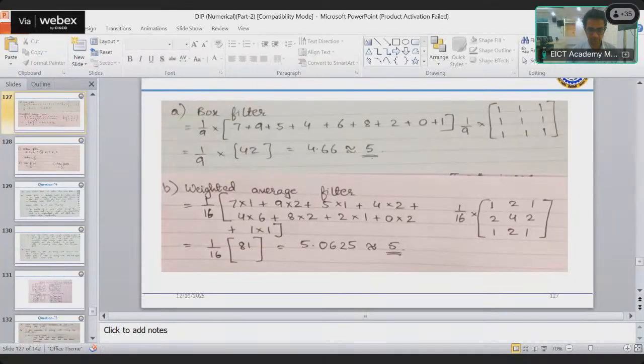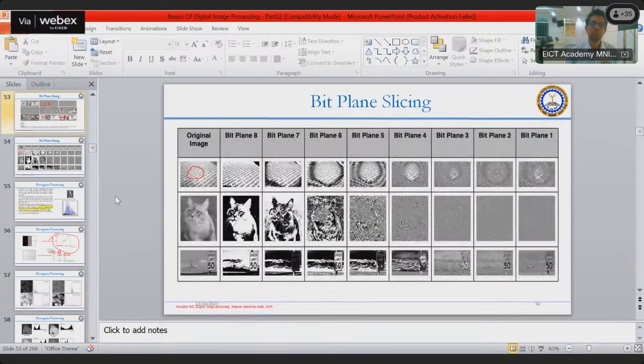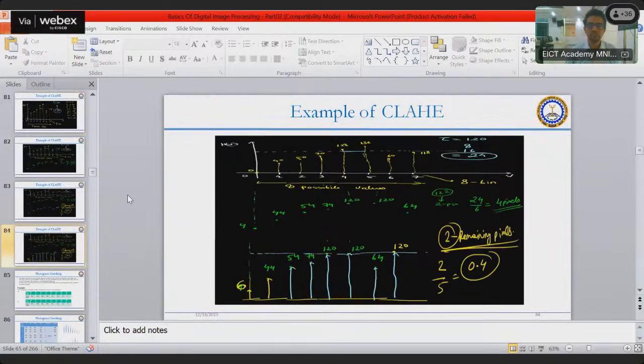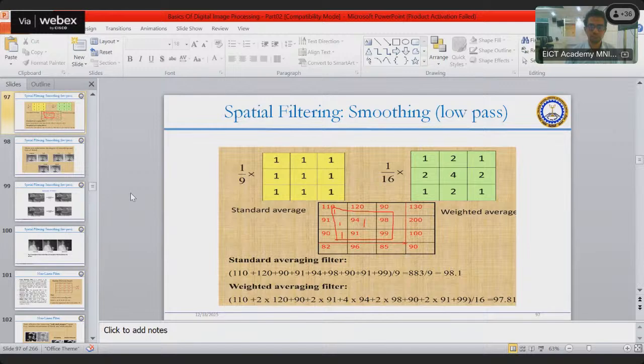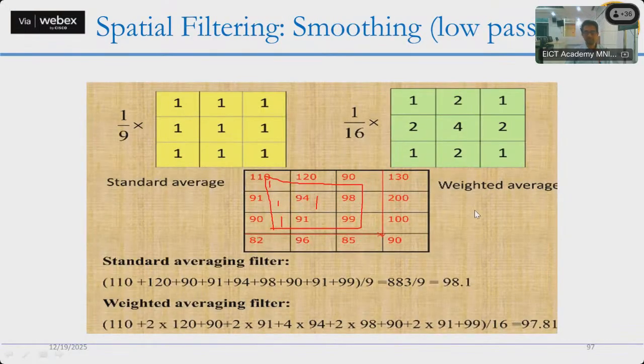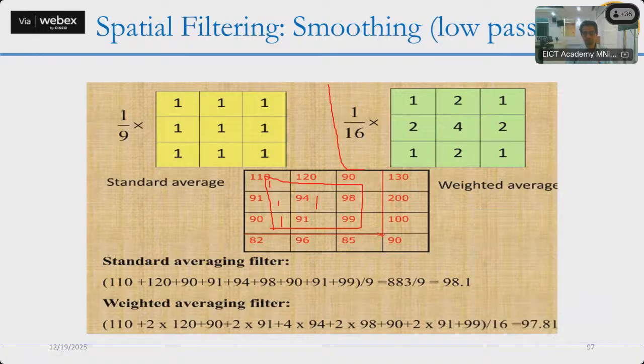See, we discussed everything yesterday. See, this was basically the weighted average filter. Are you able to recall?